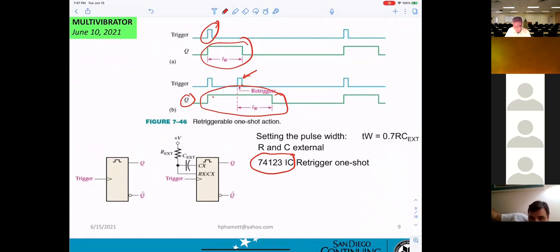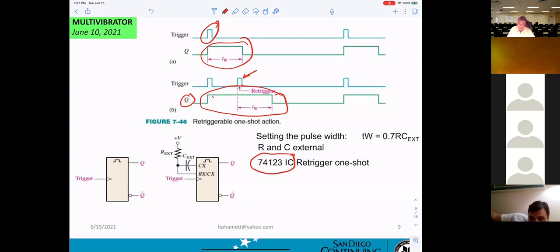Okay. Can you say that again? I didn't quite catch that. That means if you want the TW by how many microsecond, millisecond, then you use this formula, TW equal 0.7 times R times C. Okay.